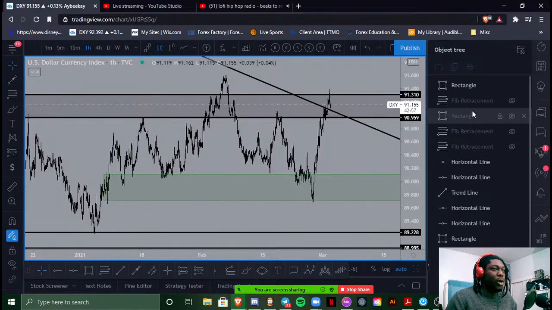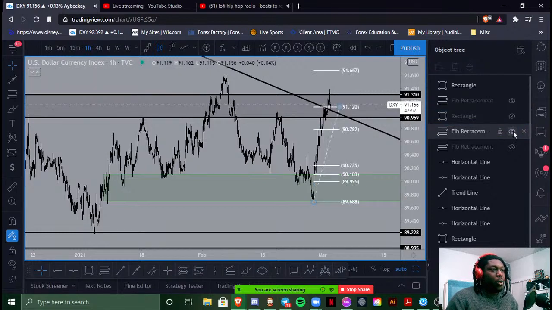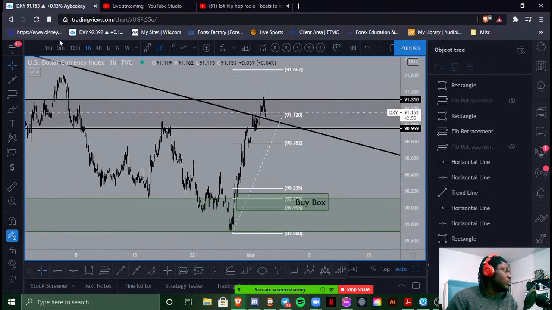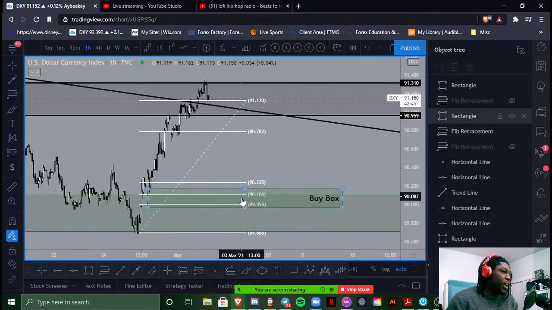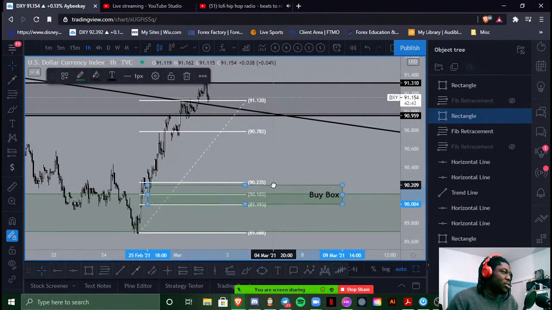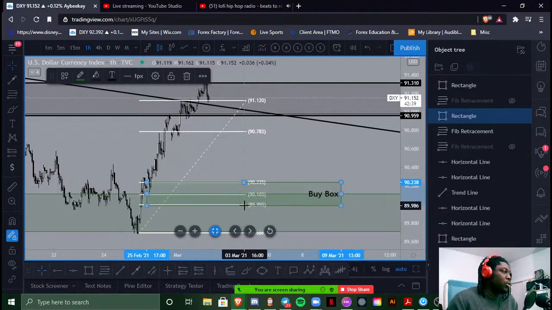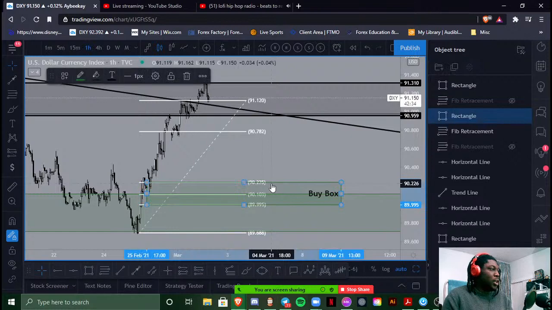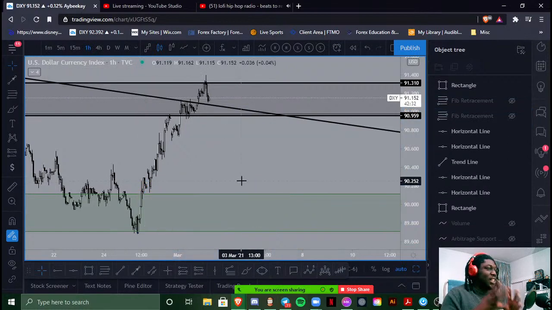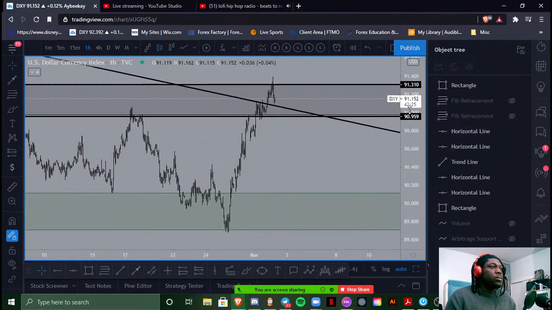I'm talking more about EURUSD than anything, but what I'm really still looking to see is for price to come down and retest this buy box right down here, but that would have shown me doubts that I don't think the DXY is gonna go bullish. So I kind of don't want to see this at this point in time, because now my bias, like I said, is switching from a buy into a sell type of move.